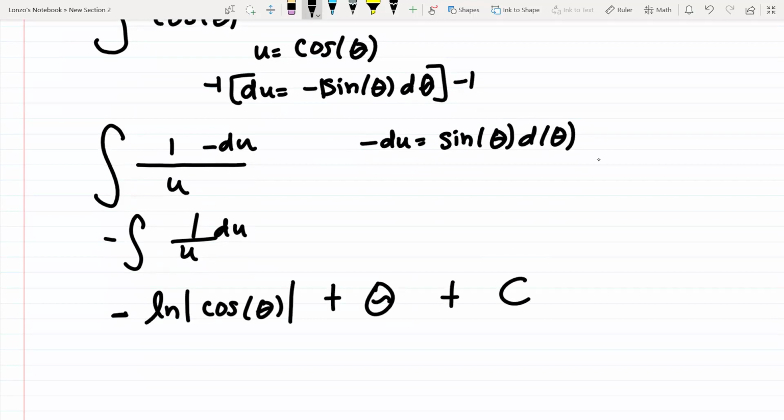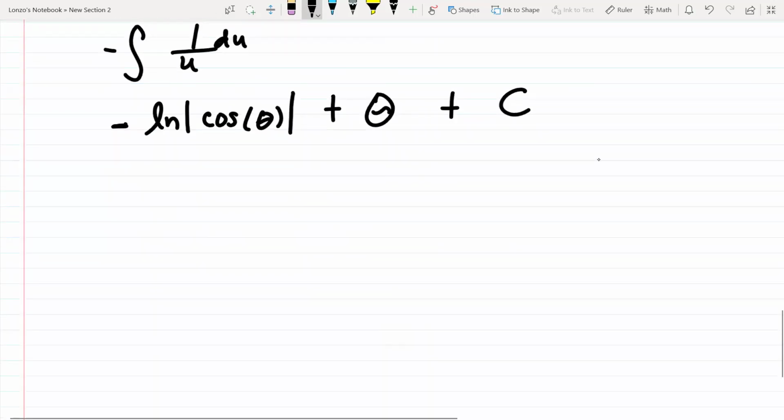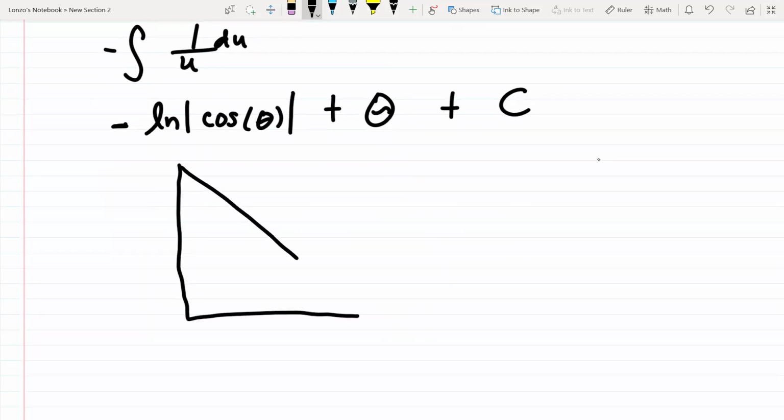Now, is this our final answer? No. The reason why it's not our final answer is because our final answer has to be in terms of x, so this is where we have to draw our right triangle. So to draw your triangle, what we were given was x minus 2 equals 2 tan theta, right?